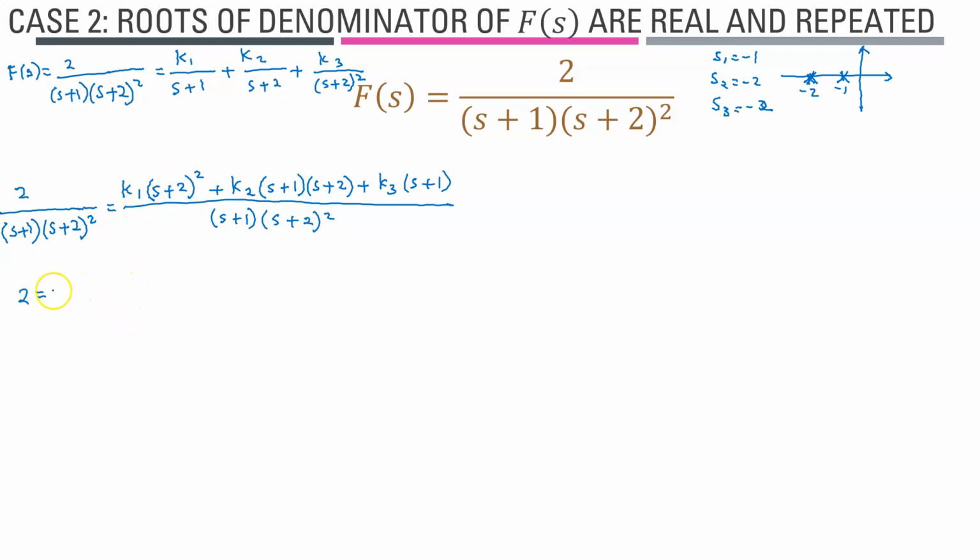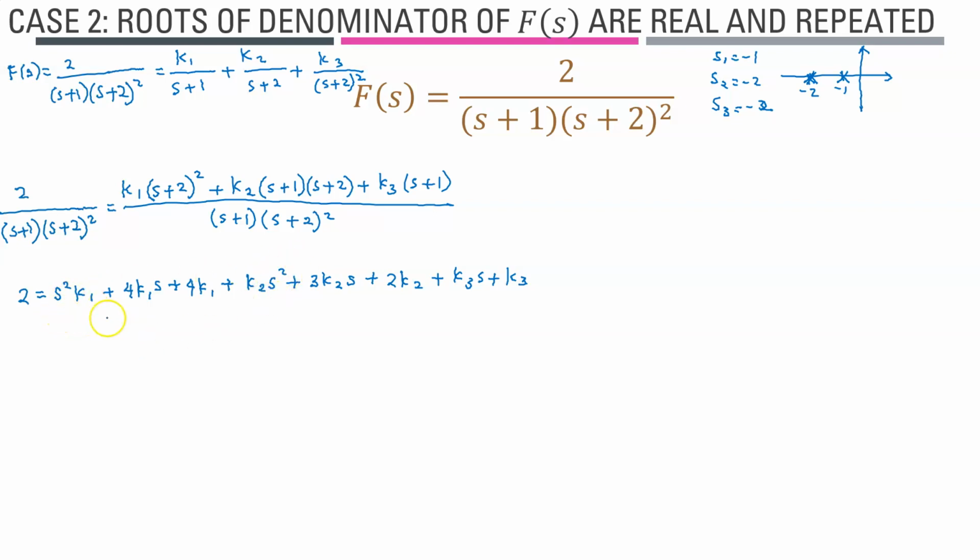If you do that, you will get k1 s squared plus 4 k1 s plus 4 k1, plus k2 s squared plus 3 k2 s plus 2 k2, plus k3 s plus k3.